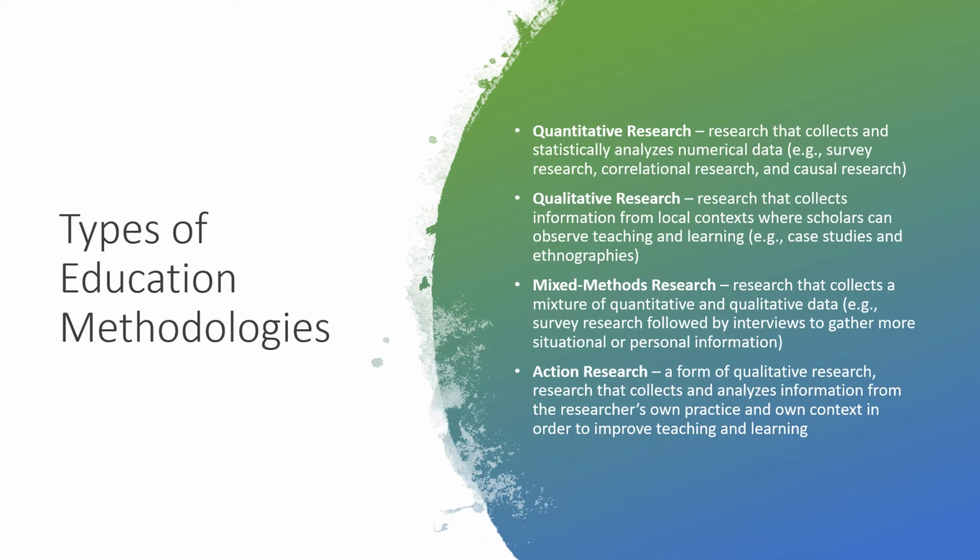One particular kind of qualitative research that is common in education is called action research. And action research is research that actually collects and analyzes information from the researcher's own practice and own context. In other words, it might be a teacher researching the practices he or she uses in his or her actual classroom, right? So with the idea of improving teaching and learning.